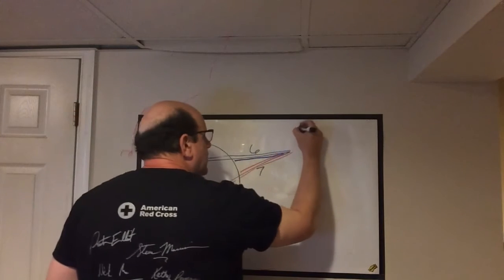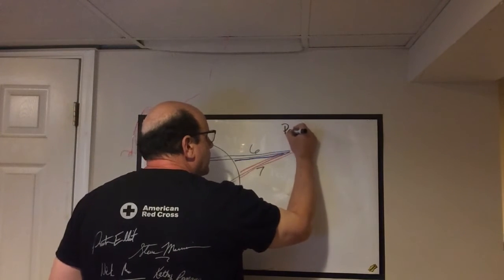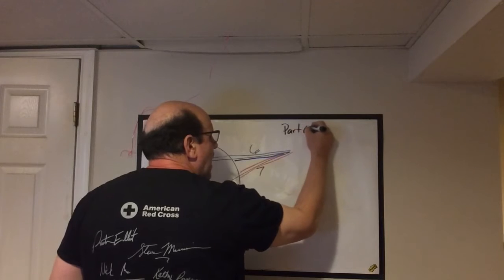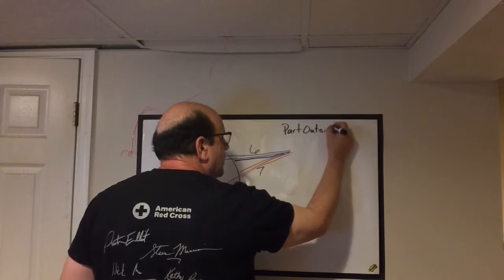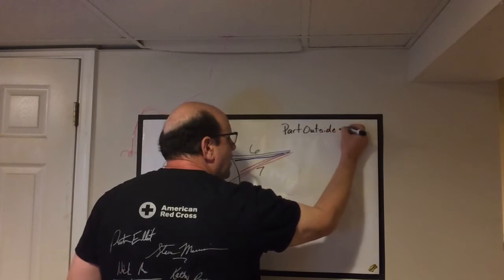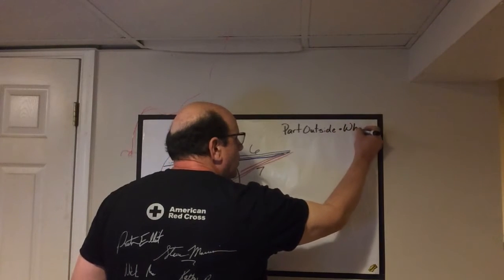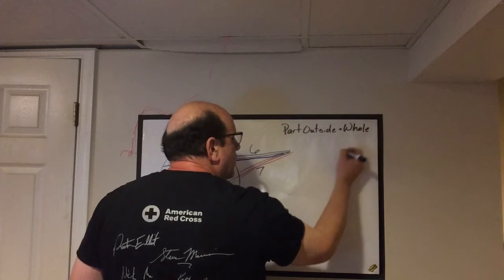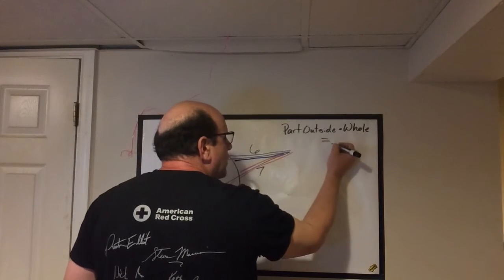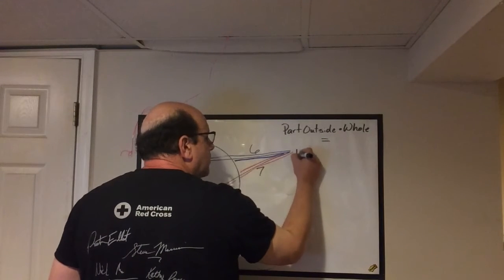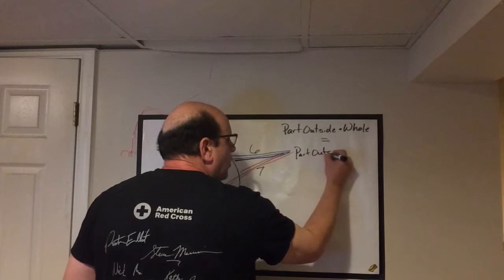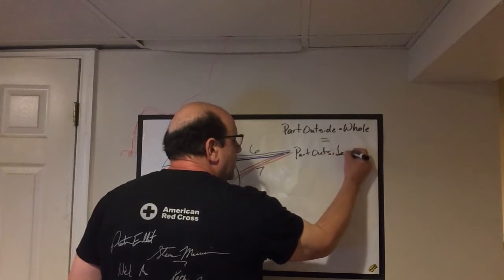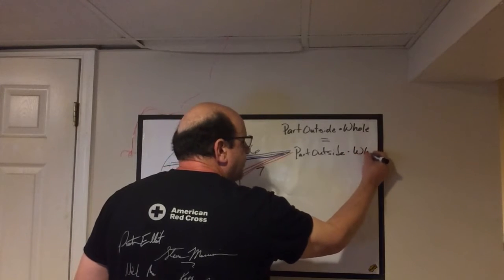So basically it's the part outside times the whole, right? And that's going to be the same as the part outside times the whole times the whole.